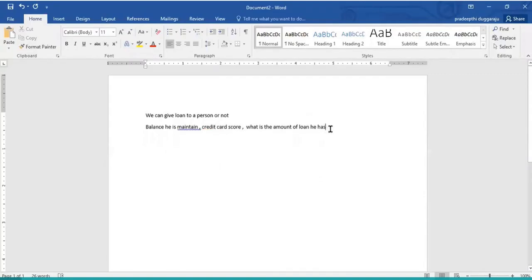The output column is whether you can grant it or not. Based on these columns, the decision tree will create a tree-like structure.